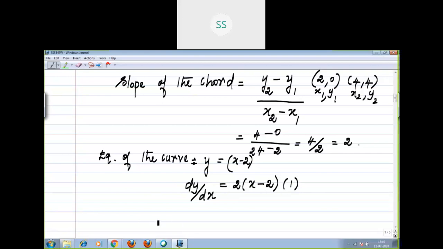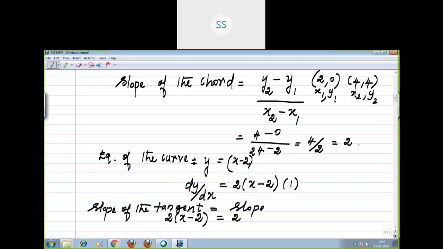Slope of the tangent equals slope of the chord. The slope of the tangent you found is 2 into (x minus 2), which is equal to 2, the slope of the chord.